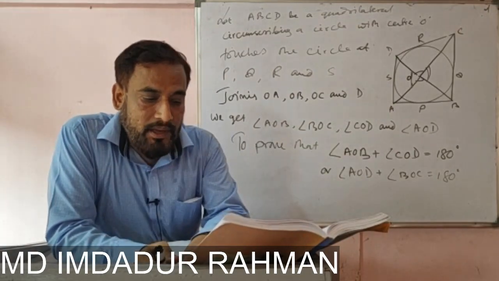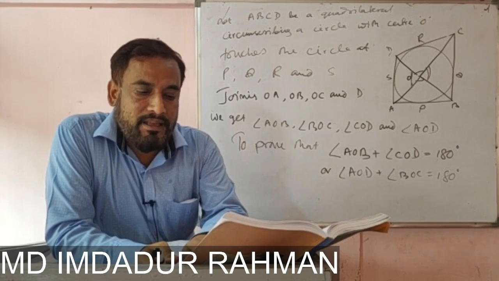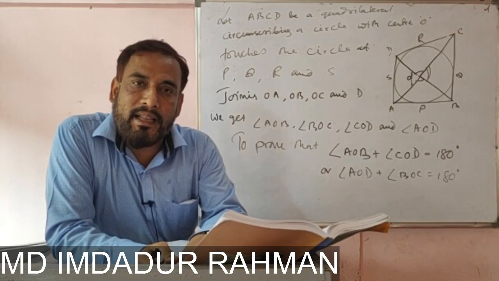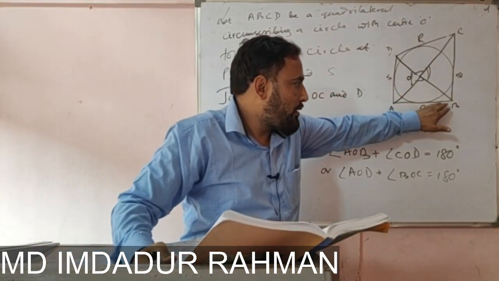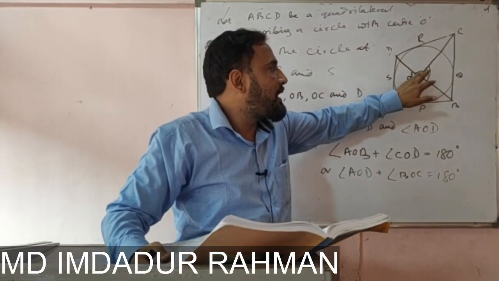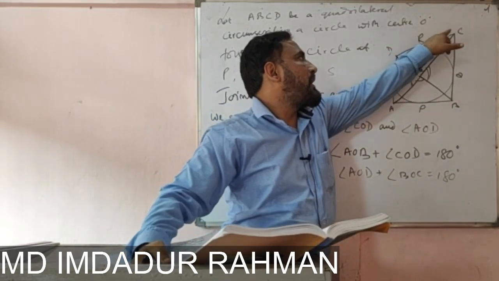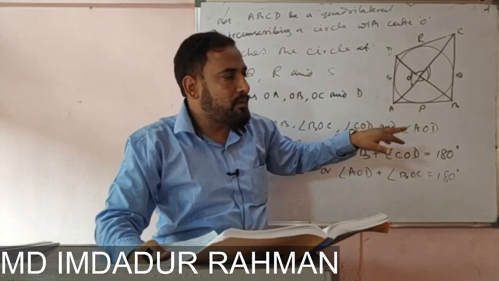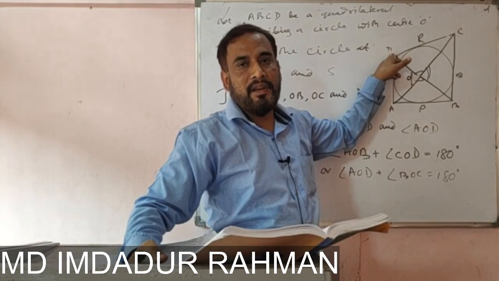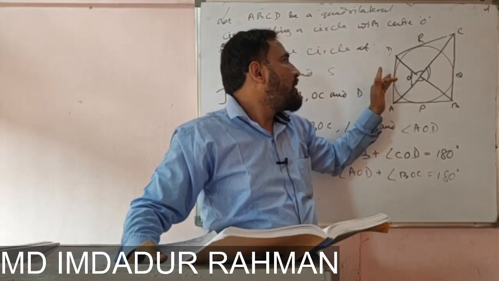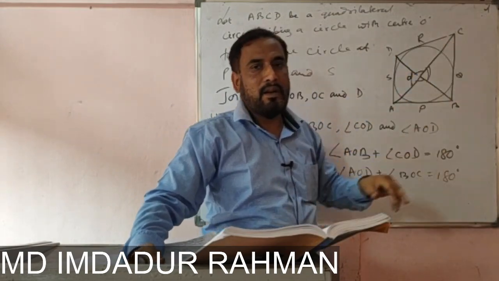Prove that the opposite sides of a quadrilateral circumscribing a circle subtend supplementary angles at the center of the circle. Side AB subtends angle AOB, and its opposite side CD subtends angle COD. We have to prove that AOB plus COD is equal to 180 degrees. Similarly, AOD plus BOC is equal to 180 degrees.